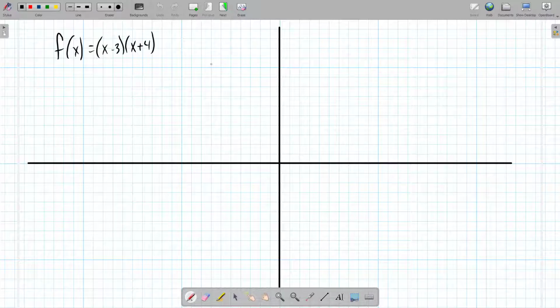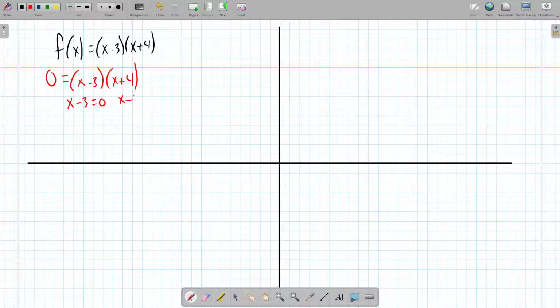So with factored form, we should remember from solving quadratics that factored form is beneficial in solving because we can set this equal to 0, solve for x, and that will be our x-intercepts. So if we set this equal to 0, we can easily solve for x by looking at when is x minus 3 equal to 0 and when is x plus 4 equal to 0.